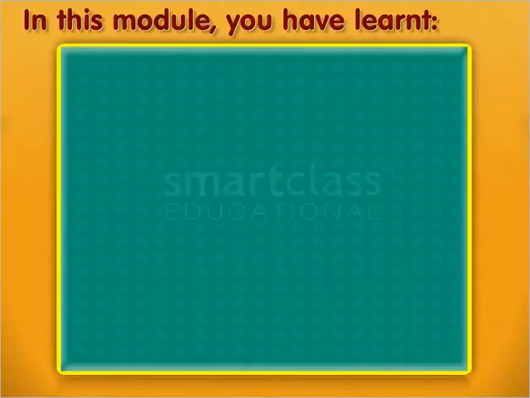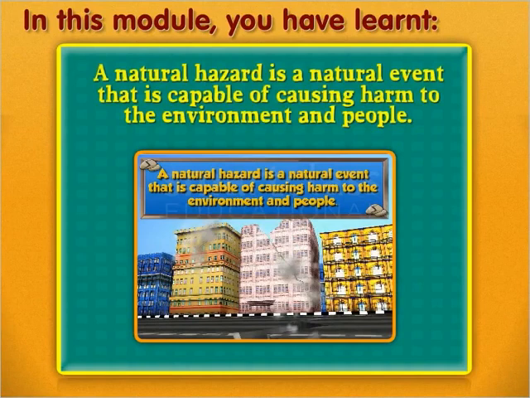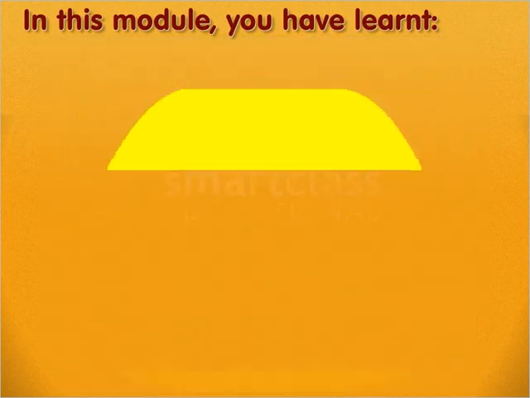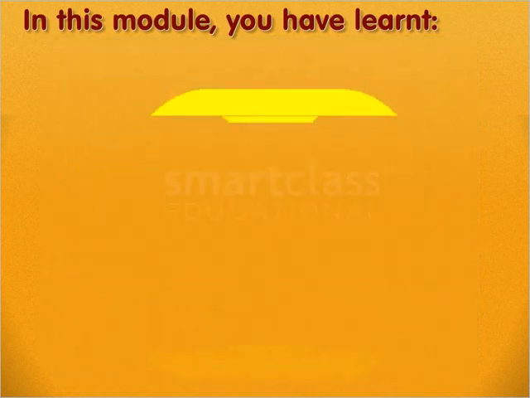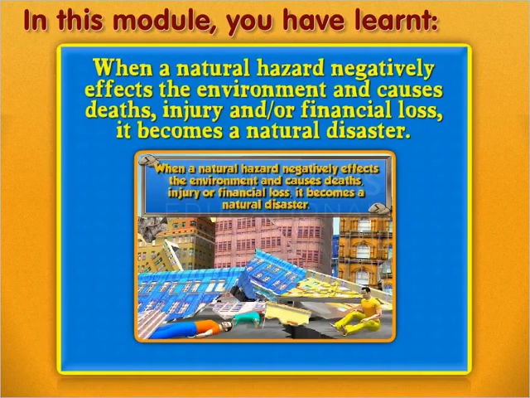In this module you have learned, a natural hazard is a natural event that is capable of causing harm to the environment and people. Earthquakes, landslides, floods, droughts, and epidemics are some natural hazards. When a natural hazard negatively affects the environment and causes deaths, injury, or financial loss, it becomes a natural disaster.